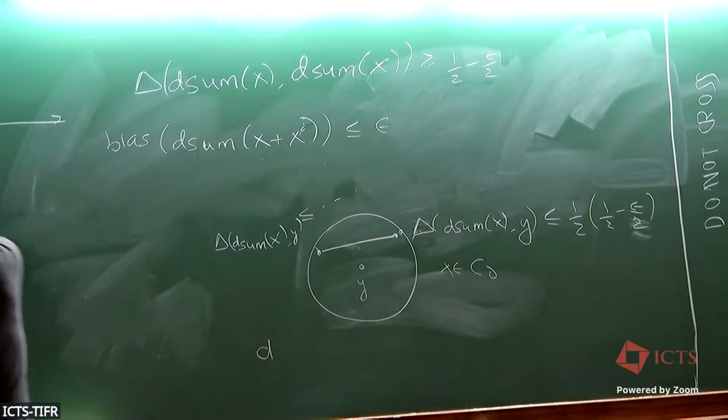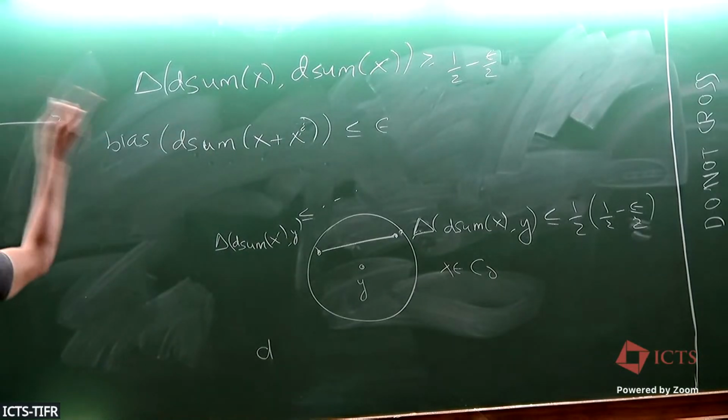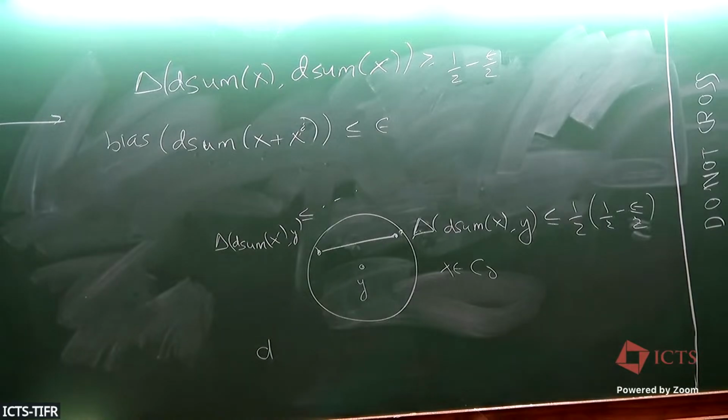Yeah, so here this also works if it's greater than. If the distance is large, you get even larger. Okay. And this means that the bias is smaller.